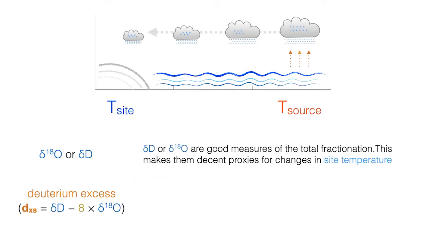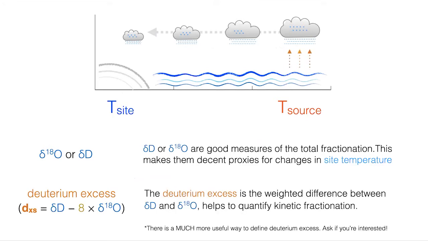But a second order parameter, the deuterium excess, that's the weighted difference between the delta 18O and the delta deuterium, is more sensitive to the evaporation source temperatures. Now, full honesty here, it's not only sensitive to that, it's actually sensitive to a bunch of other things, but it is influenced by that initial evaporation temperature quite strongly.